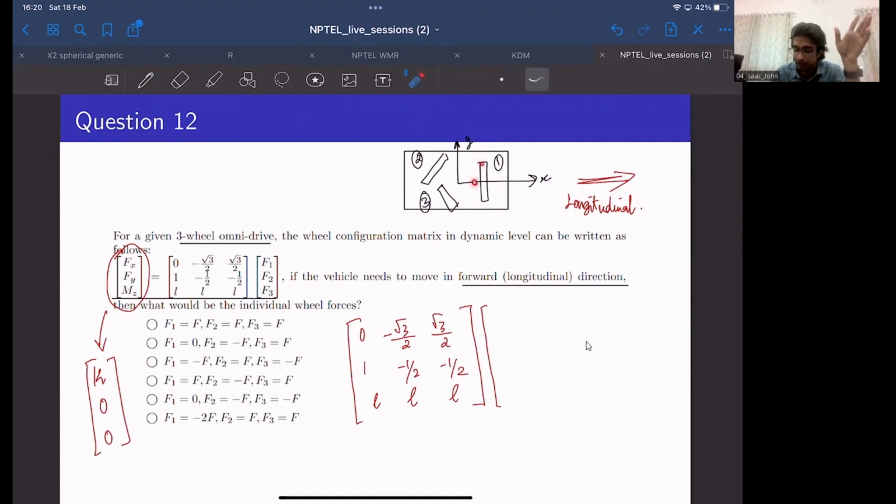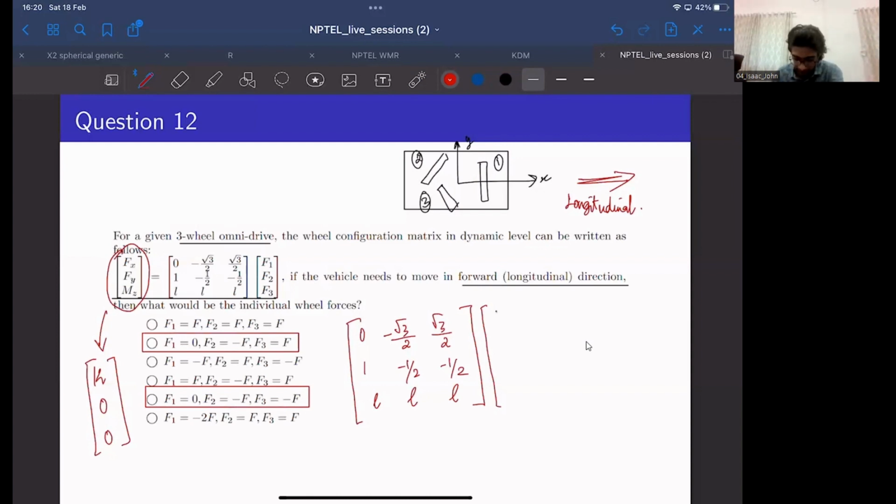So if this wheel is not rotating, it won't have any component along y-axis. So we will eliminate all the options that have a component along the first wheel, and we'll shortlist the options having zero force along the first wheel. We'll basically shortlist these two options so that the vehicle can move along longitudinal direction.